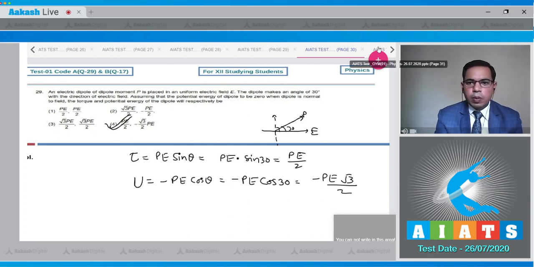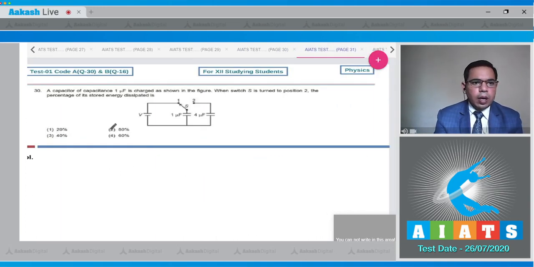Now move to question number 30, which states that a capacitor of capacitance 1 microfarad is charged as shown in the figure. When switch S is turned to position 2, the percentage of its stored energy dissipated is. Now dear students, we know that the loss in energy delta U is given as half C1 C2 upon C1 plus C2 times (V1 minus V2) whole square.